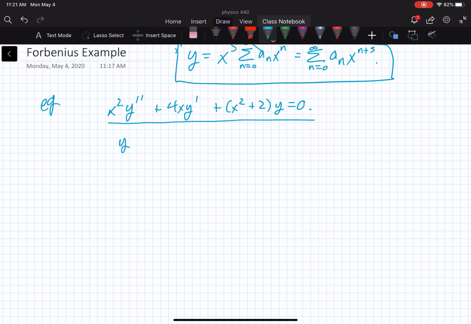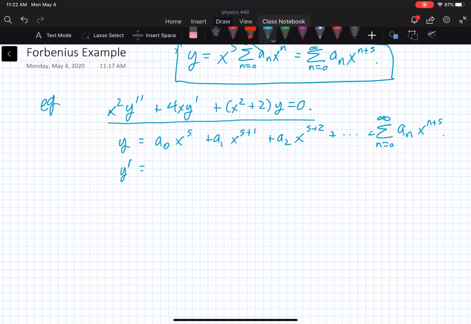We can write that y is equal to a naught times x to the s plus a1 times x to the s plus 1 plus a2 x to the s plus 2 and so on, or the sum from n equals 0 to infinity of a sub n x to the n plus s. That's just the definition of our solution.